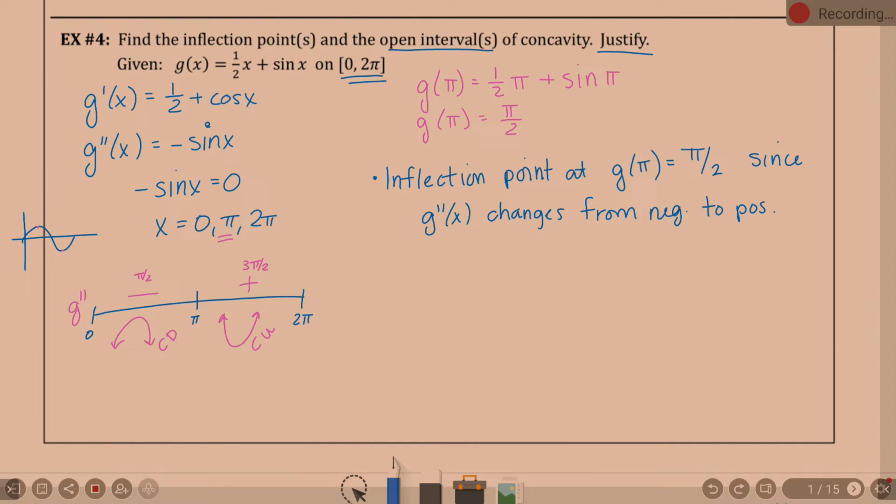It also asked us about open intervals of concavity. And so we know that g of x is concave down on the interval 0 to pi. And why is it concave down? Since the second derivative is negative, or less than 0.